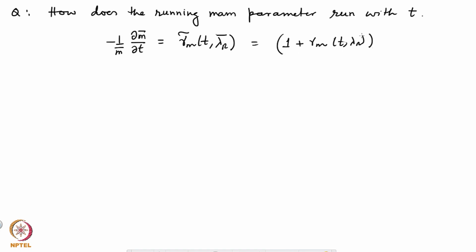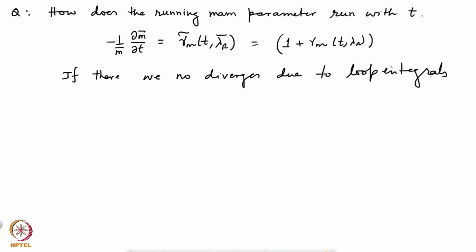Okay, that's 1 plus γ_m. Now suppose we didn't have to renormalize. Suppose there were no infinities. If there were no divergences due to the loop integrals, then γ_m would be 0. That is what we have seen earlier. Then let's solve this differential equation for m̄ in that case, when there are no divergences.